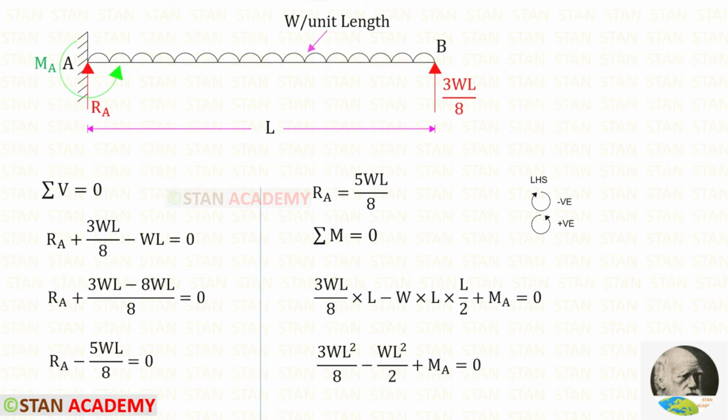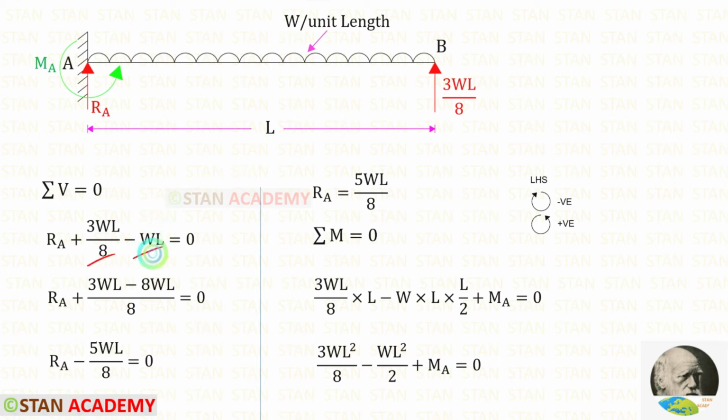Now let us apply the rule sigma V is equal to 0 and find RA. RA and RB are acting upwards, so both of them are positive. The UDL is acting downwards, so it will be negative. For the UDL, we have to multiply with the distance. Here the distance is L. W into L, we will get WL.